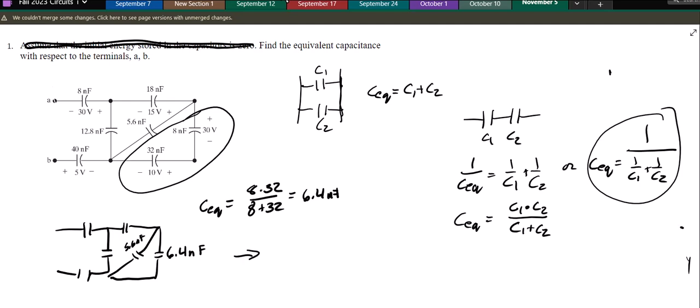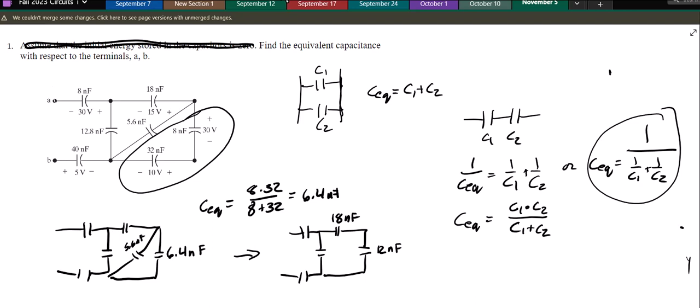Now those are in parallel, so since they're in parallel, I can just add them together. And 6.4 plus 5.6 is 12 nanofarads. And this one up here is 18 nanofarads. So now I have an 18 and a 12 in series.